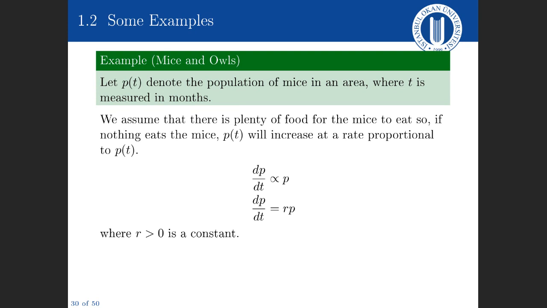So as long as nothing eats the mice, as long as nothing kills the mice, we would expect our population to increase at a rate proportional to p. In other words, we'd expect dp/dt to be proportional to p, or dp/dt to be equal to some constant rp, where r is a positive number.